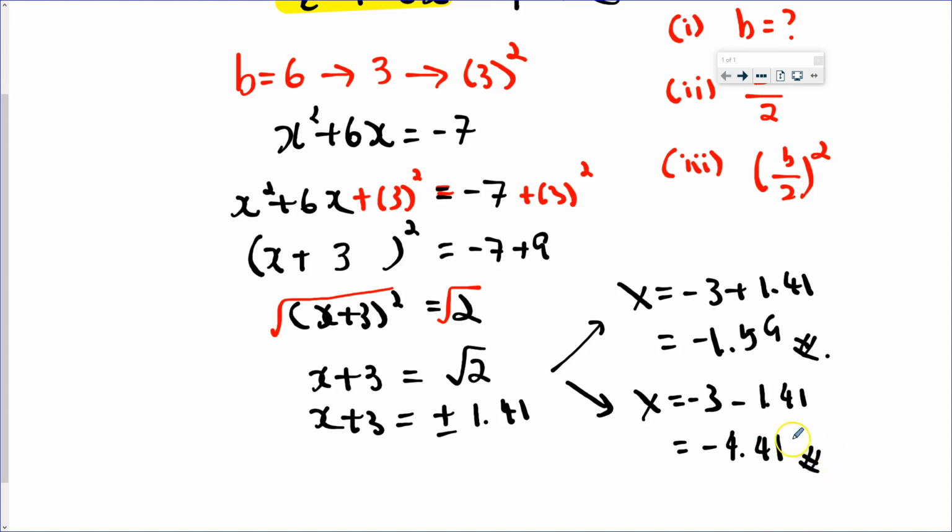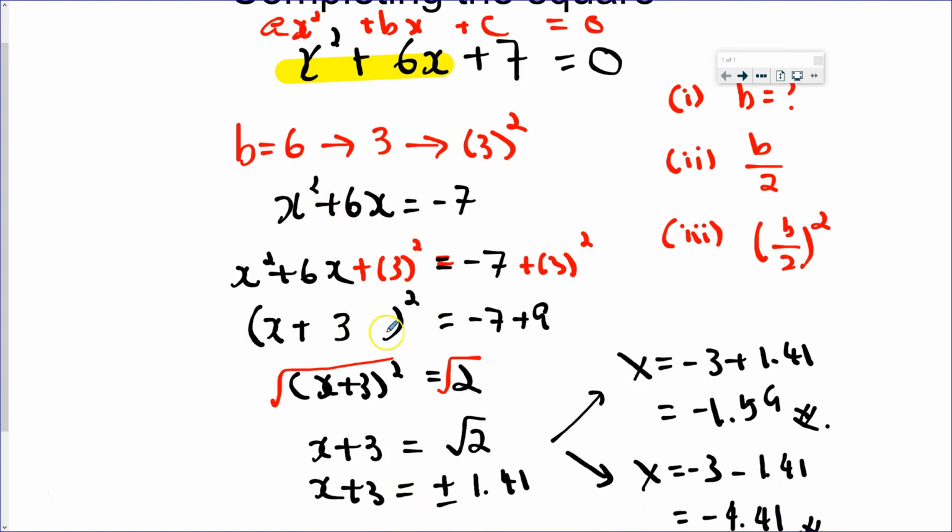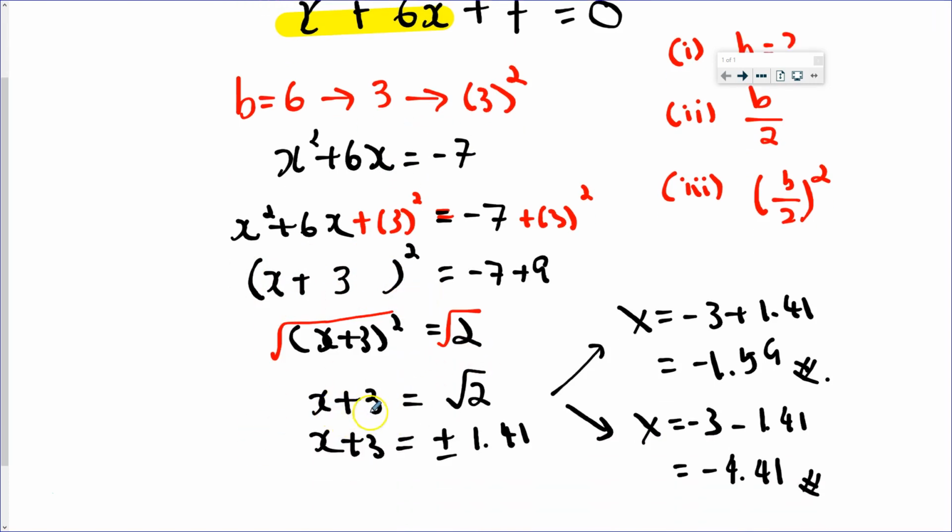So that's actually the procedure of going through all of this. You are picking the first two items, you are going to break it into the perfect square, square root both sides, and then you're moving that 3 to the other side.